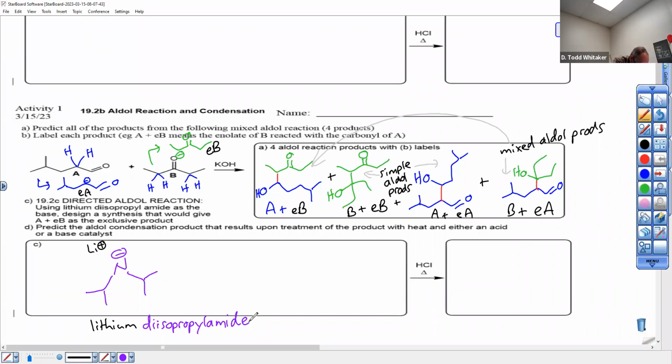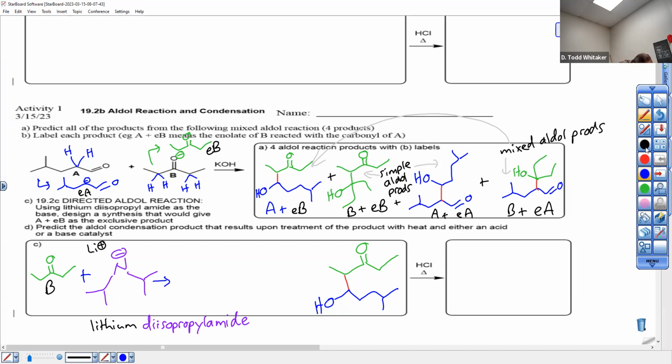And you're going to treat the appropriate, well, let's see, what do we want to make? We want to make A plus EB. That's this guy. So when you're done, you have to be here. Which species lost its alpha H to make this? It was B, so you started with exclusively B. That's B. And you treated it with LDA.